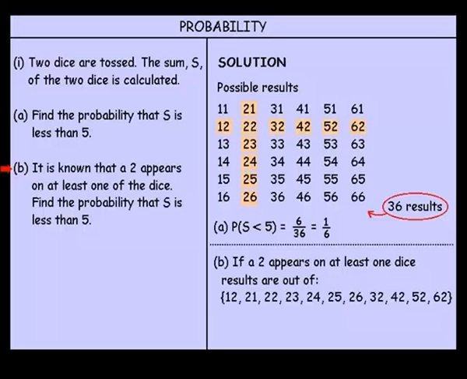So now our results are a 1-2, a 2-1, a 2-2, a 2-3, etc., all the way up to finally a 6-2. There's 11 results there. We need to find the probability that S is now less than 5. That happens 3 times out of those 11 results, so the probability is 3 out of 11, which is 3/11ths.